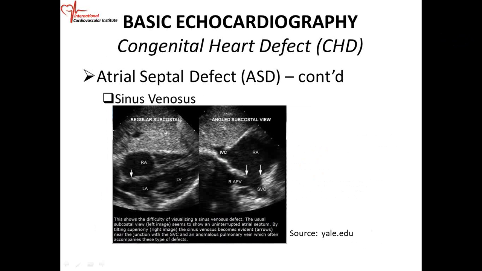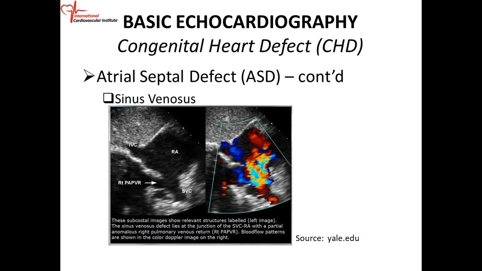So again, you have to look high up in the atrial septum to see the sinus venosus defect. You may get a defect in the superior vena cava or in the inferior vena cava, so you have to look carefully for it.